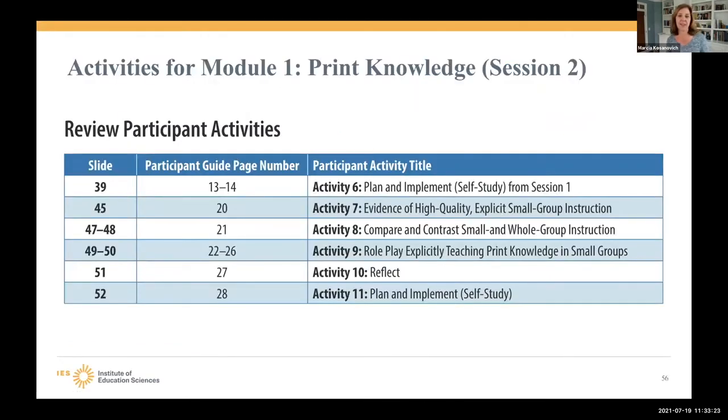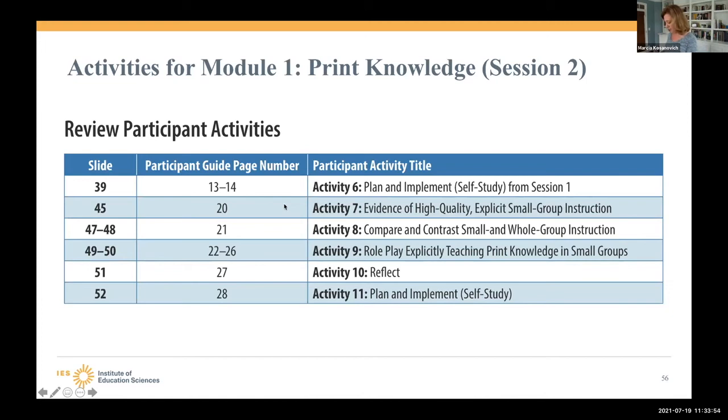And again, these are the participant activities for module 1, session 2. This table is in your facilitator guide, but let's take a look. There's 6 activities in session 2, but keep in mind that that first one, activity 6, is the plan and implement from session 1. So they're going to have to go back to session 1, and you start with that and share out their reflections. So let's look at page 20 in your participant guide.